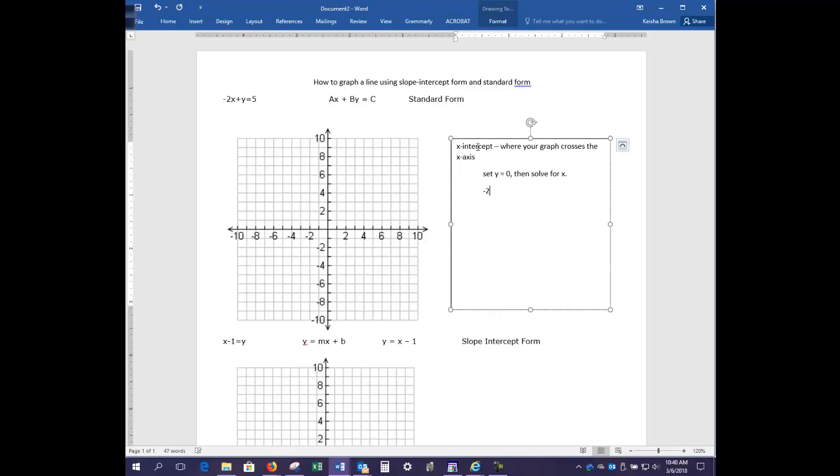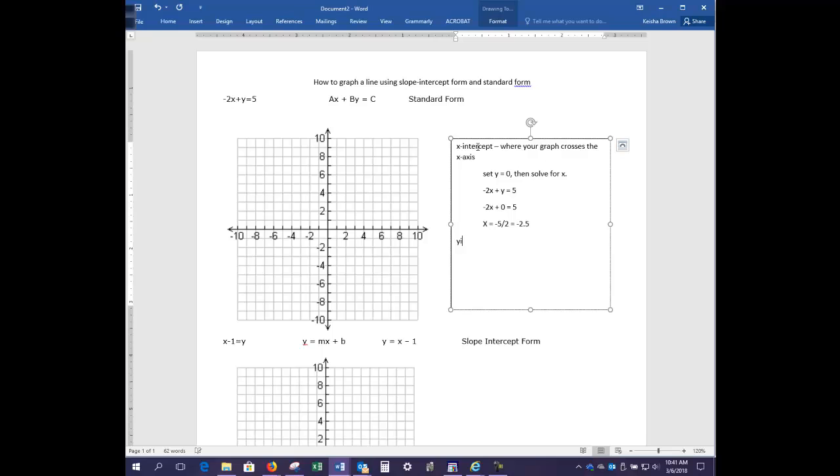So you have negative 2x plus y equals 5. We replace y with 0, and then solve for x by dividing by negative 2. So our x is negative 5 divided by 2, or negative 2.5.